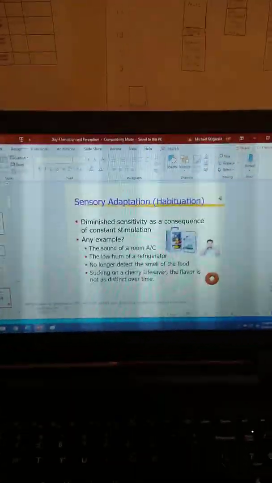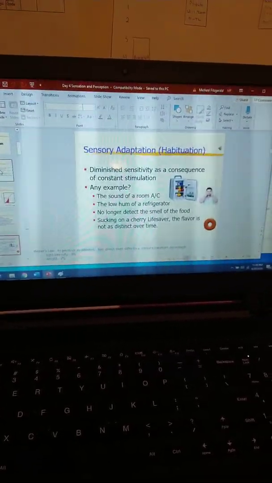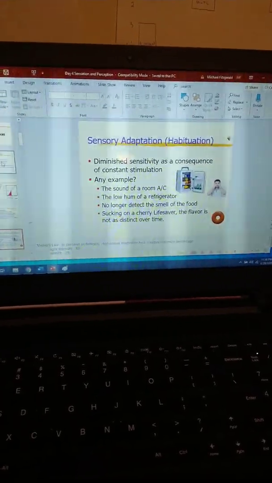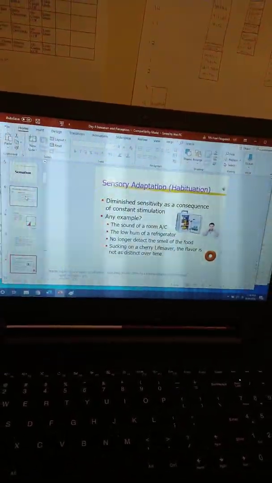So sensory adaptation, also known as habituation, is when we are in the presence of a constant stimulus, but because it is constantly there, we actually end up not noticing it as much anymore.